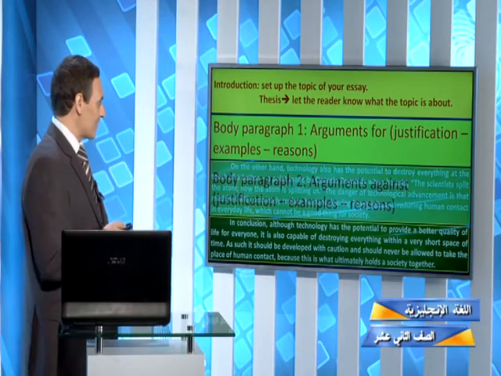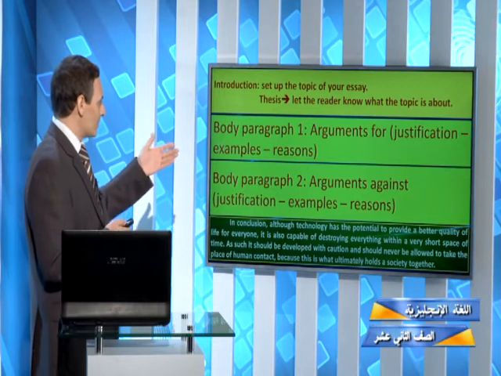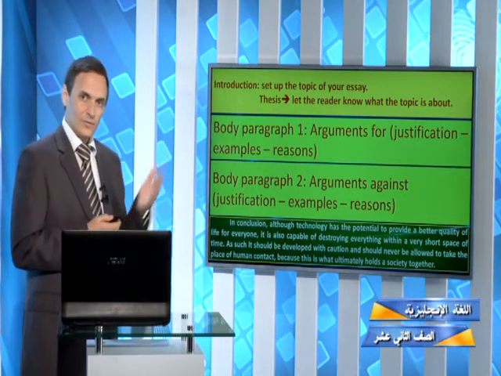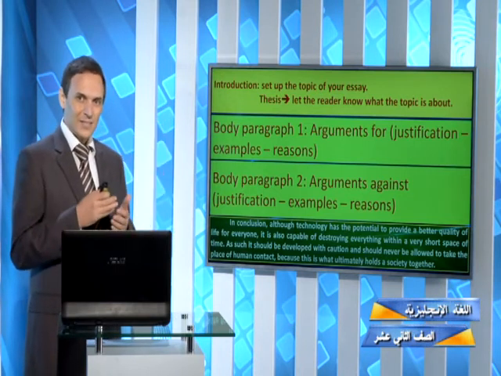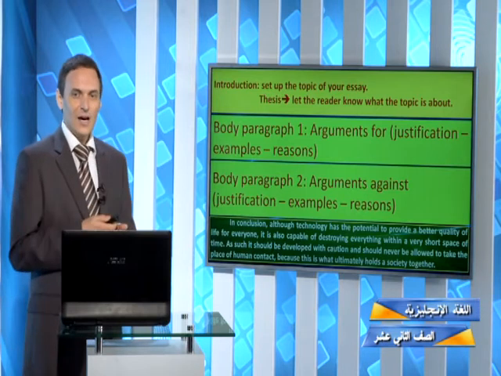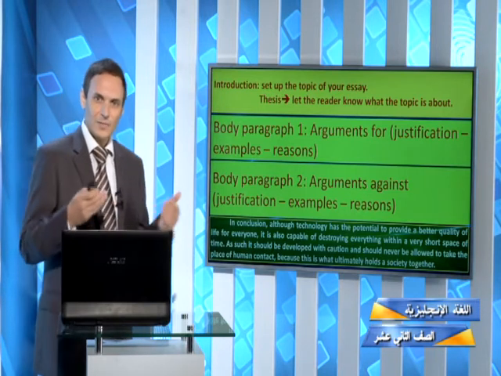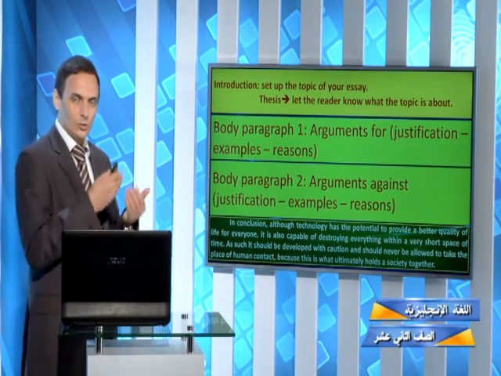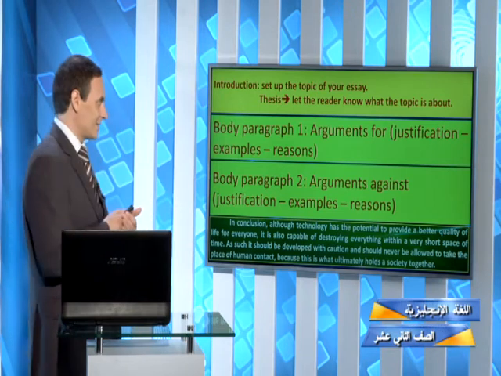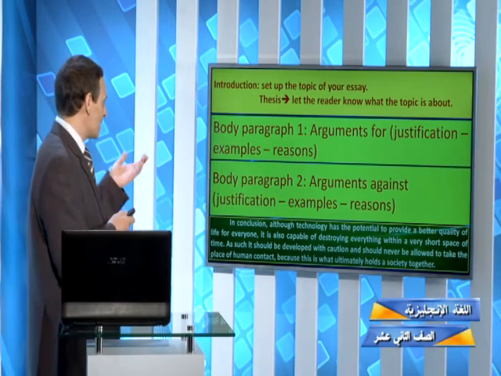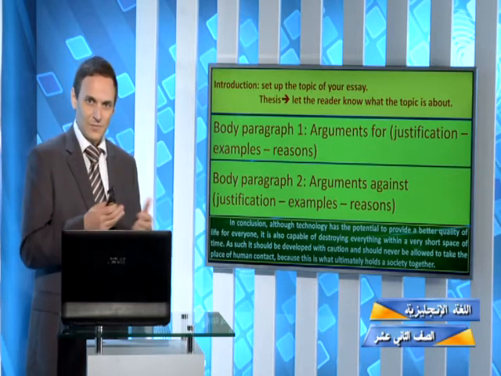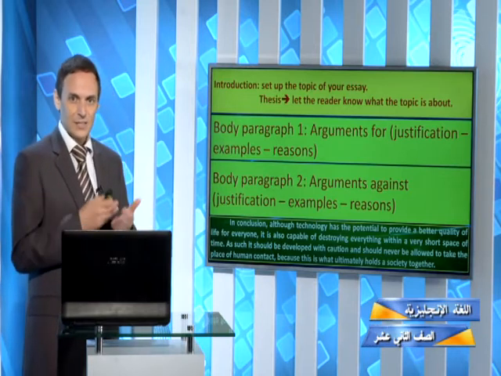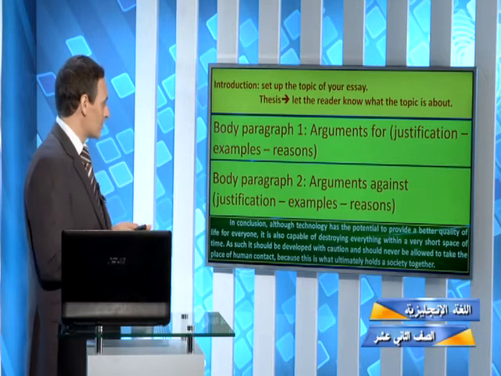In the second body paragraph, it is going to be similar to the first body paragraph, except that it is going to have the arguments against, the arguments that run in opposition to the topic being discussed. So arguments against, again, you present your justification, you give details, you give examples, and also reasons.